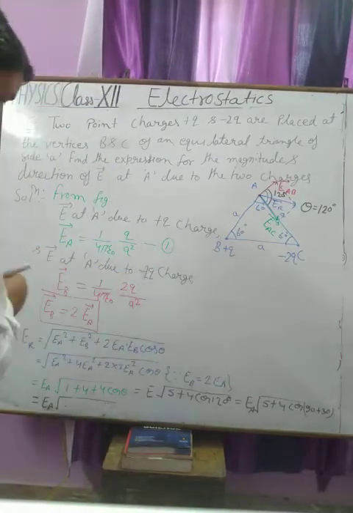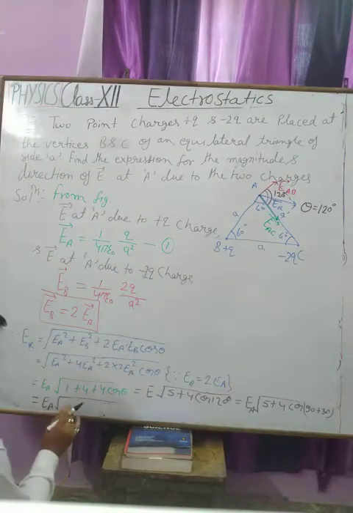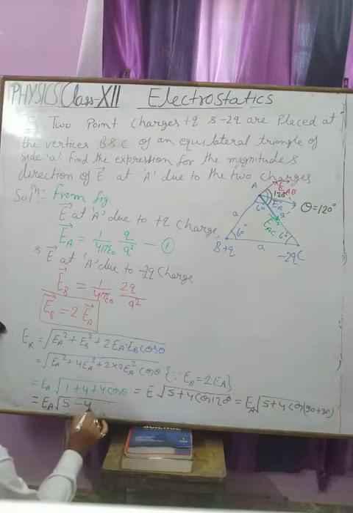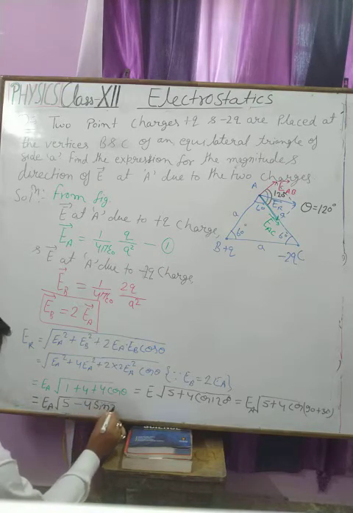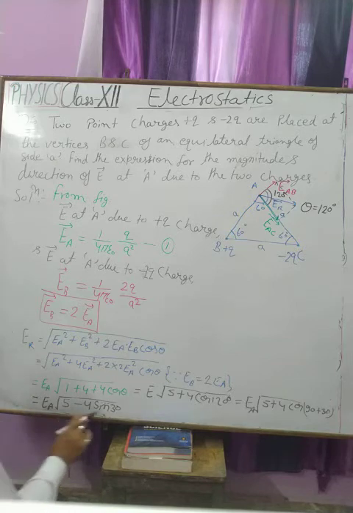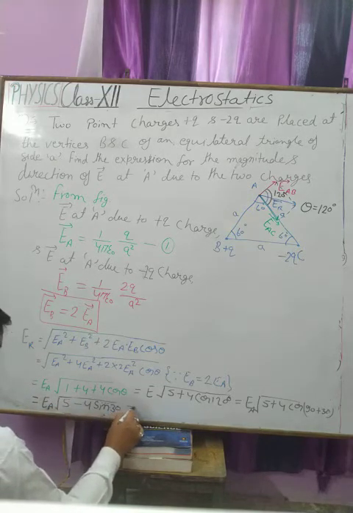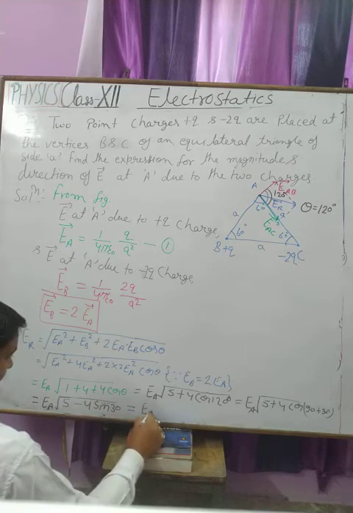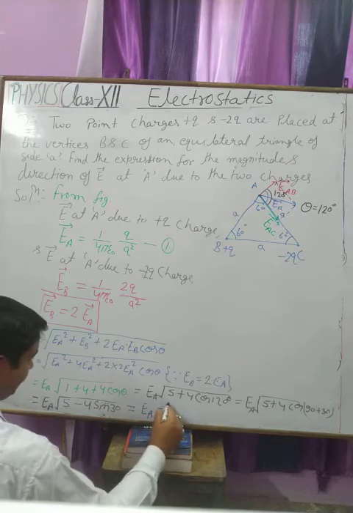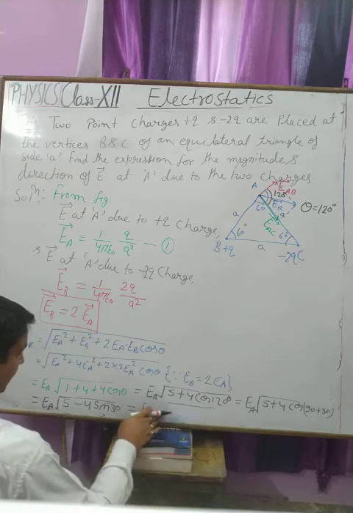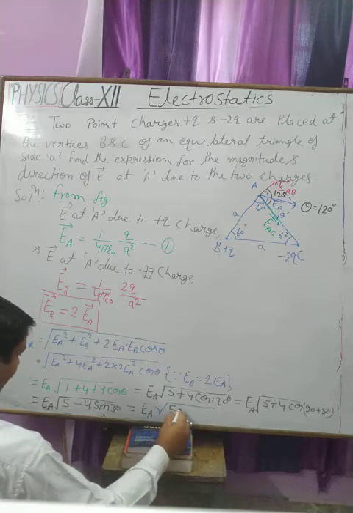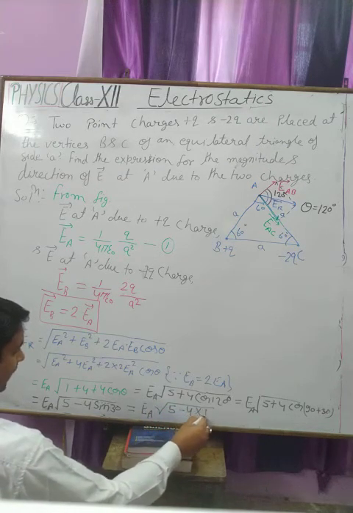So this value becomes 5 minus 4 sine 30, and student, we know the value of sine 30 is 1 by 2. So EA under the square root 5 minus 4 into 1 by 2.